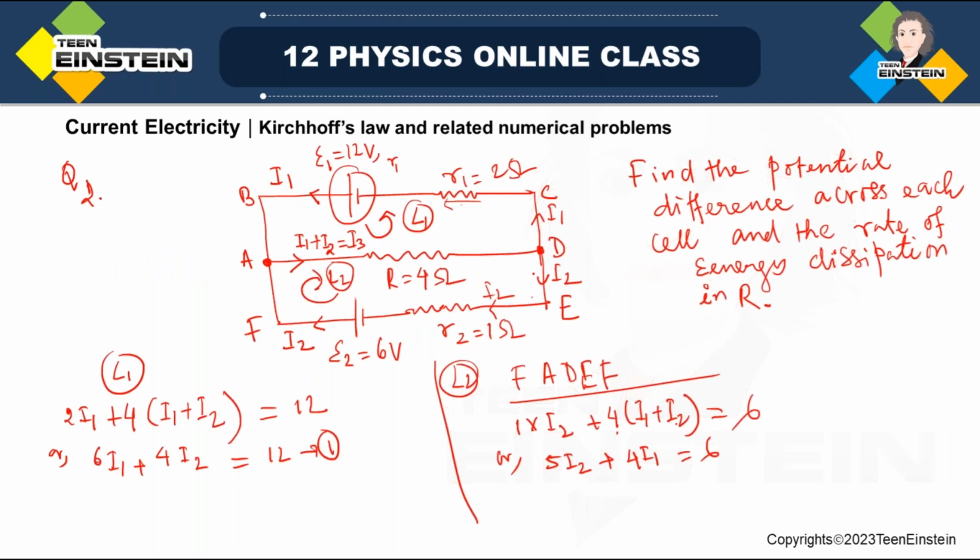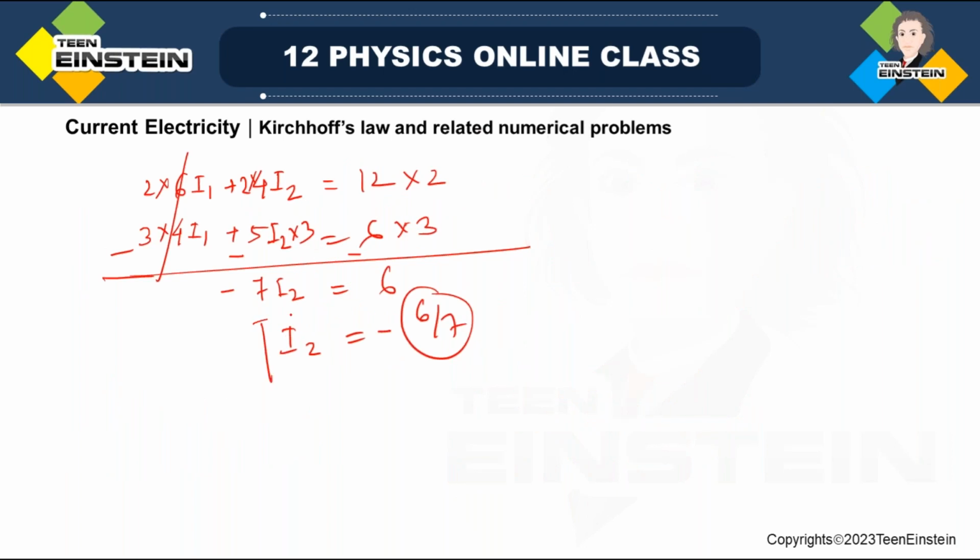See, I2 we had taken this way, right? So we have taken E to F, but current will flow in this direction, F to E. So when I get a negative current, that means we have taken the direction opposite.